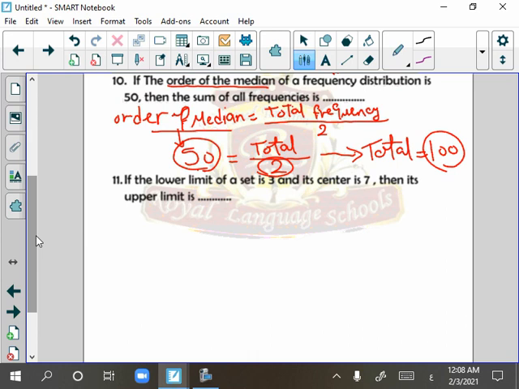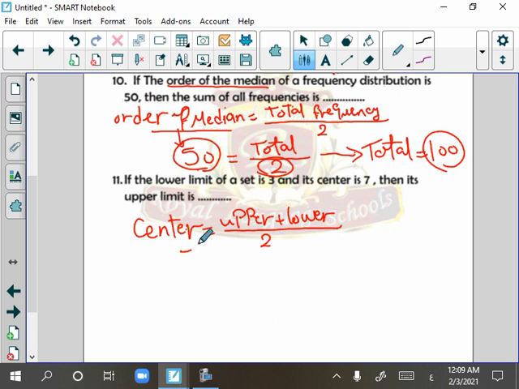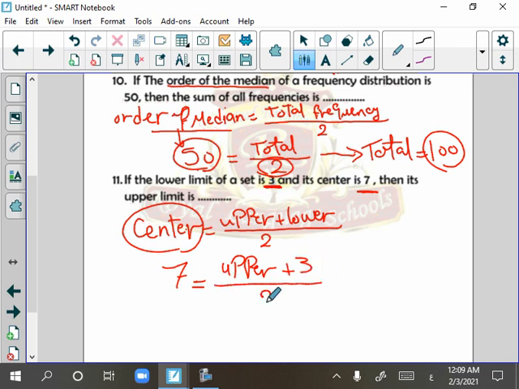Number 11, if the lower limit of a set is 3 and its center is 7, then find its upper limit. Okay, the law of center: center equals upper plus lower divided by 2. Center equals 7, which equals upper plus 3 divided by 2.